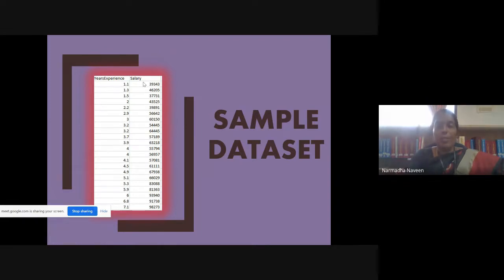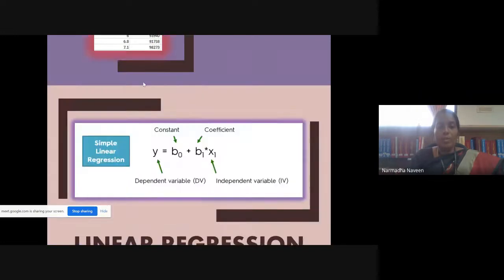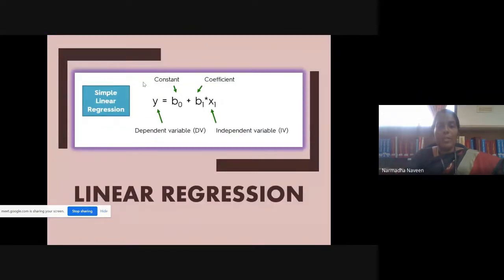Normally we calculate the salary based upon the total number of years of experience, the amount of salary earned by an employee based upon the number of years of experience. This is represented with a mathematical representation.